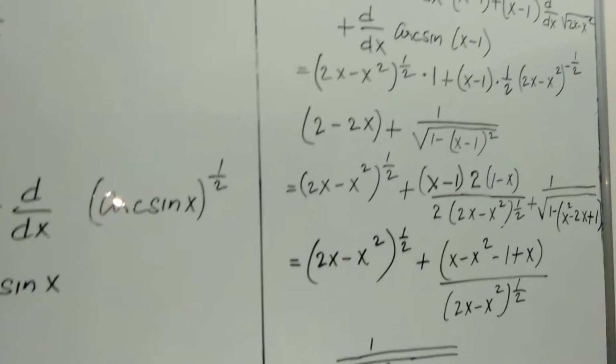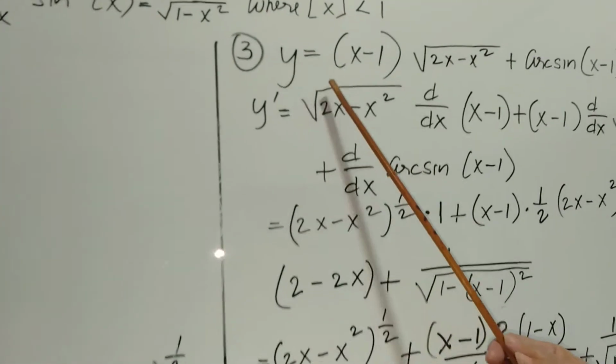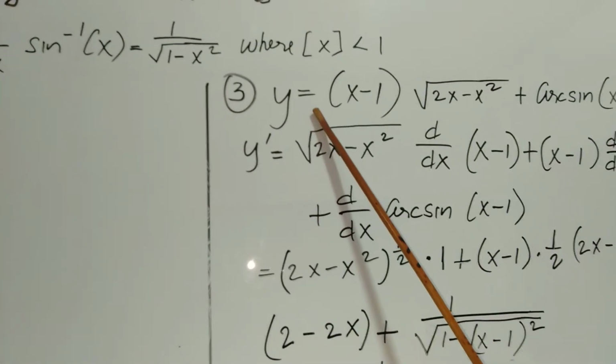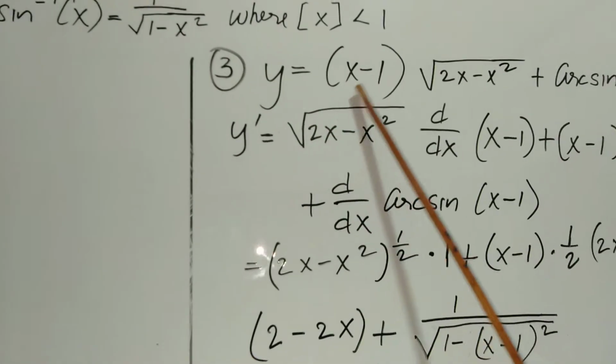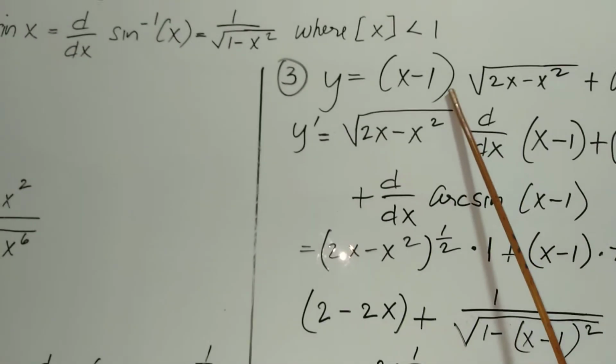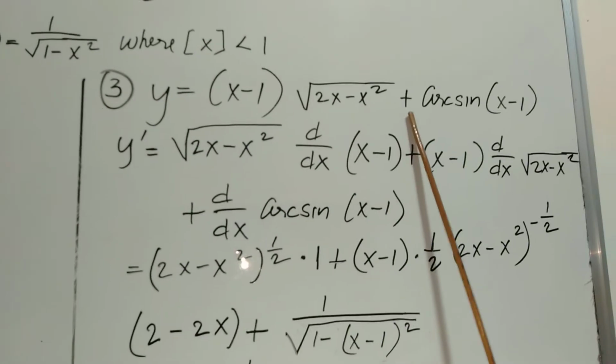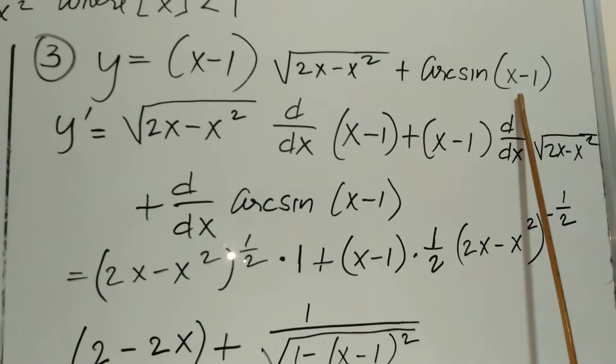For our last problem, the given is y is equal to the quantity x minus 1 times the square root of 2x minus x squared, plus arcsine of x minus 1.